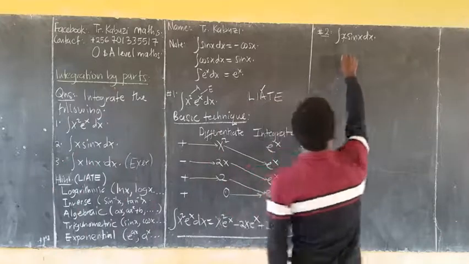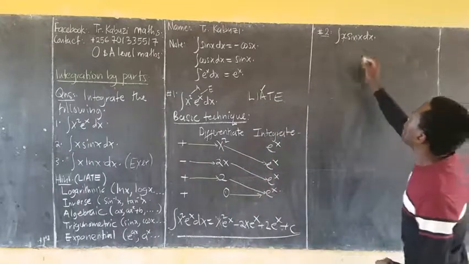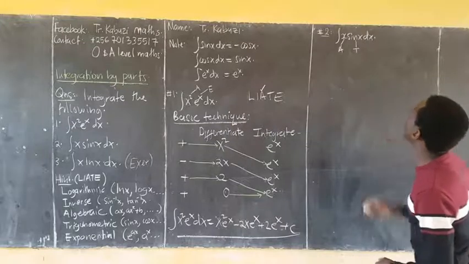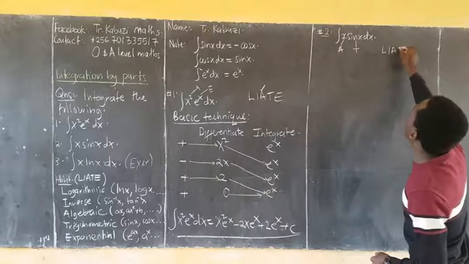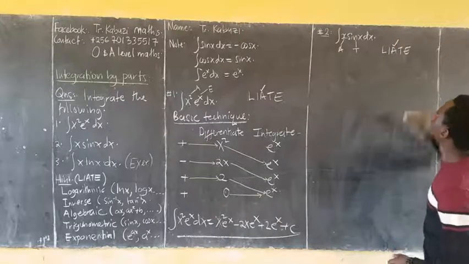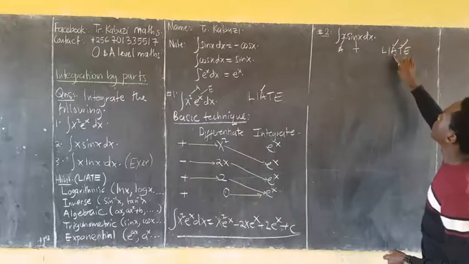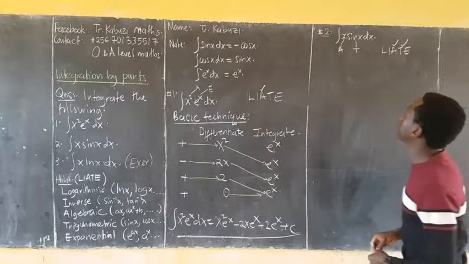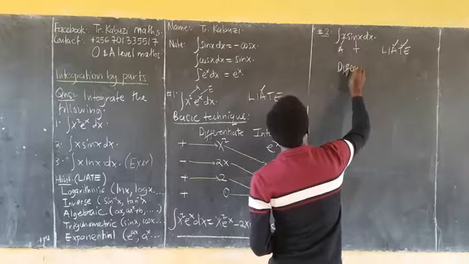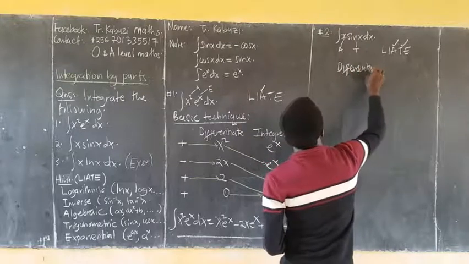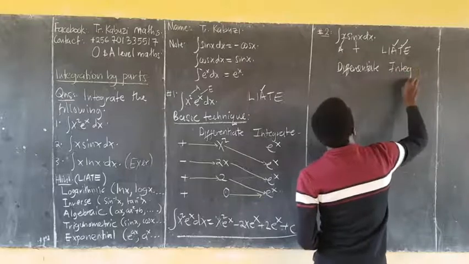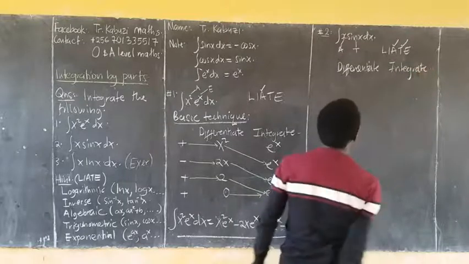In example 2, I have an algebraic function and a trig function. In my LIATE acronym, algebraic comes first, followed by trig. So this one we differentiate and this one we integrate.